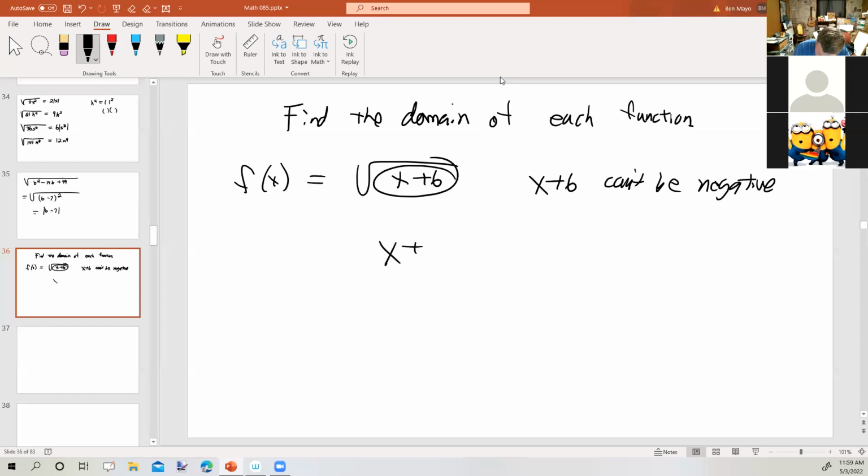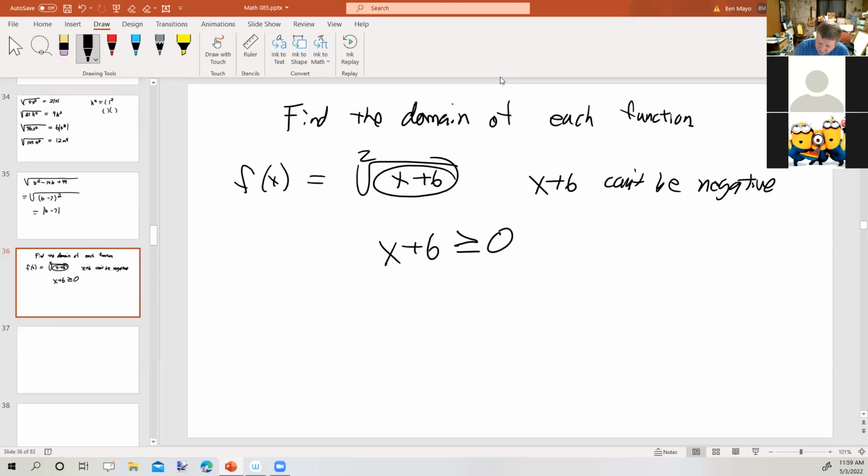So that means that this has to be positive or equal to 0. The radicand can't be negative when you're taking an even root. And the index, when there's no number written, is an implied 2 for square roots. Okay. Are you getting this?